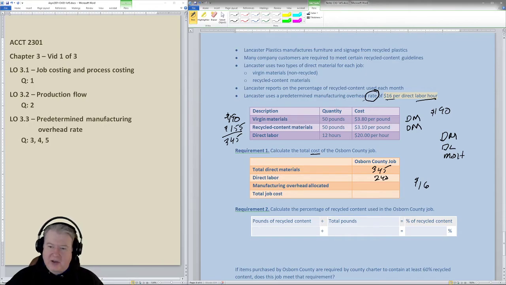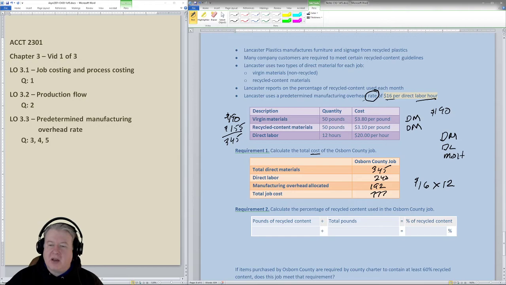And what is our actual? It says $16 per labor hour. And we had 12 hours. So that's going to give us 192. So the total job cost comes out at, well, that's kind of lucky, 777.